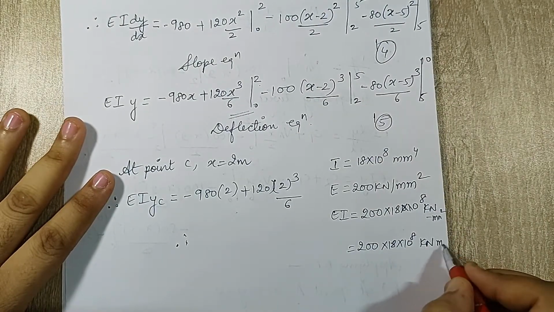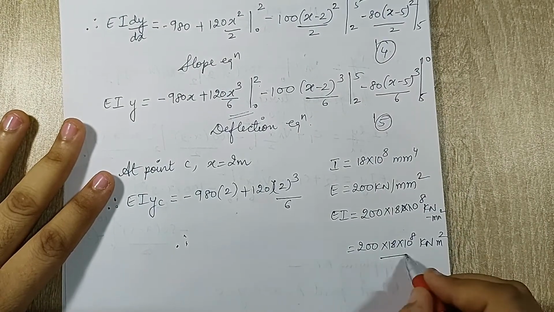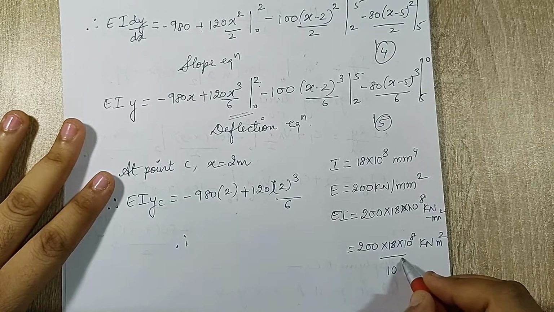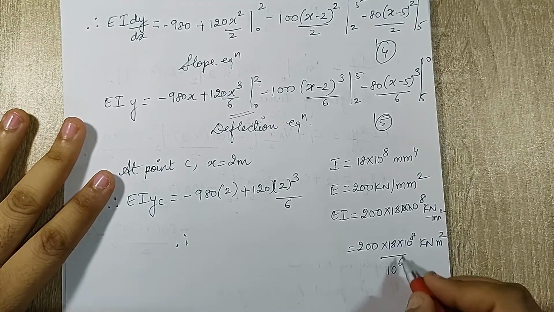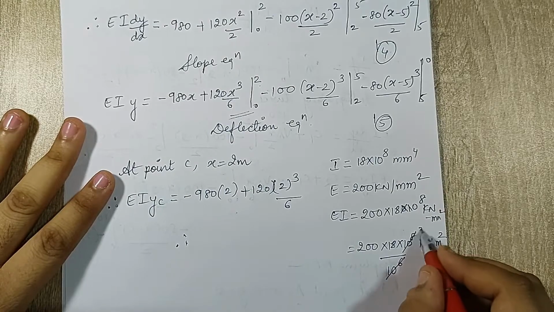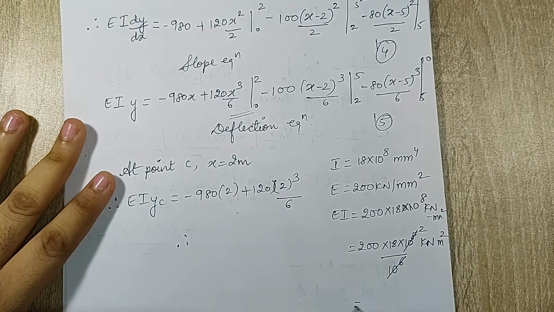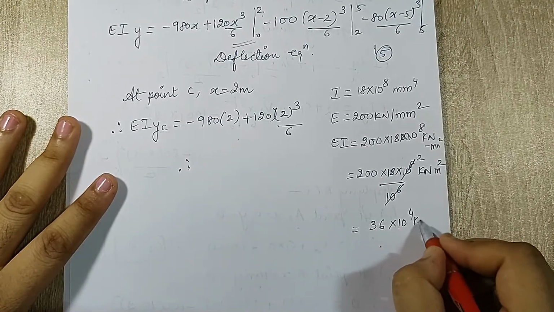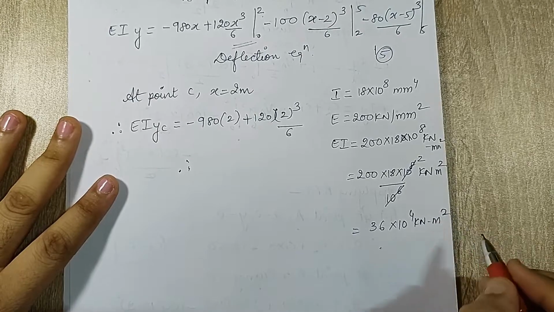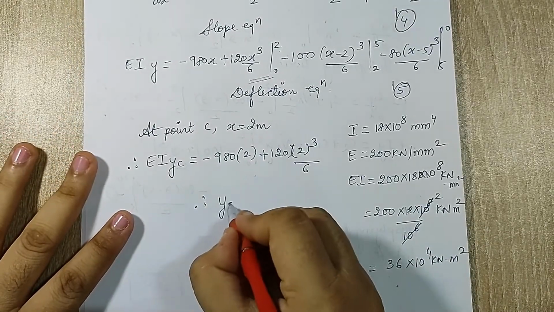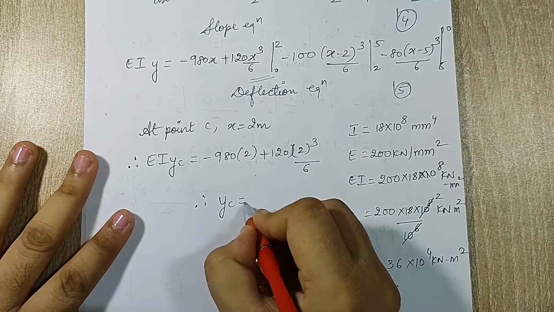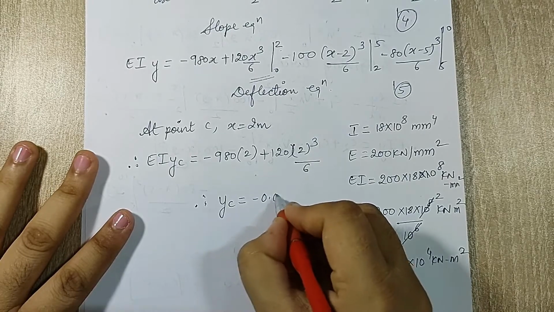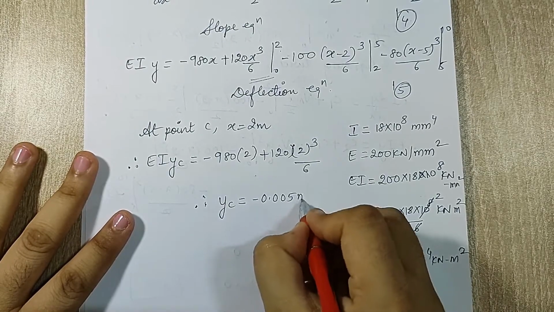And I want to convert mm square to meter square. So I'll just divide this by 10 raised to 6. So this 10 raised to 6 gets cancelled here. It becomes 10 raised to 2. So I have 18 into 36 into 10 raised to 4 kilonewton meter square. When I substitute this over here, I get the value of YC as minus 0.005 meter.